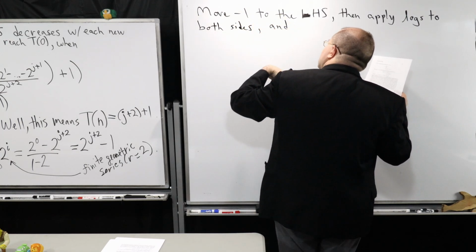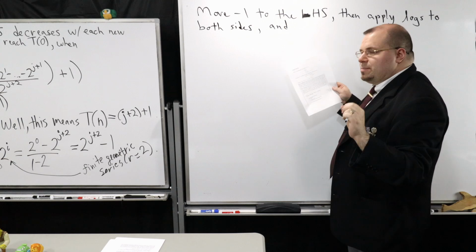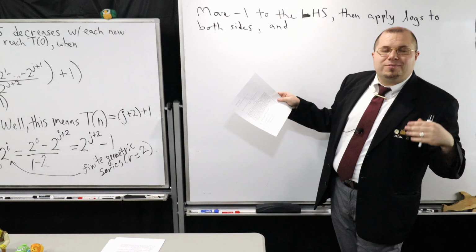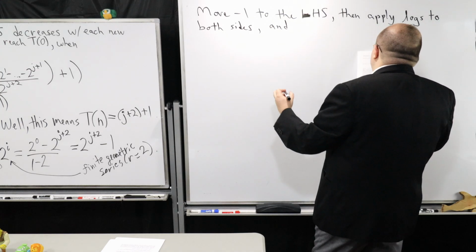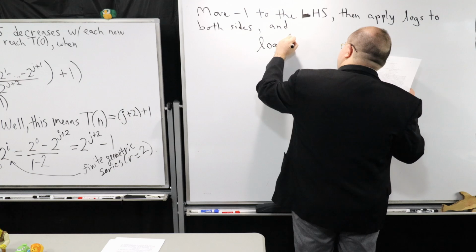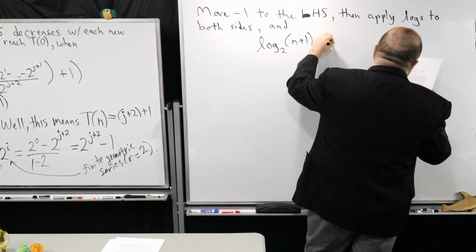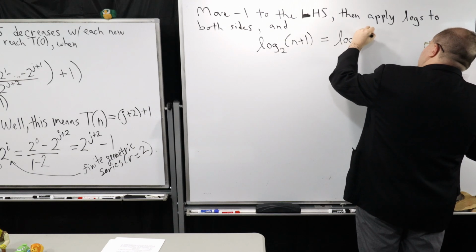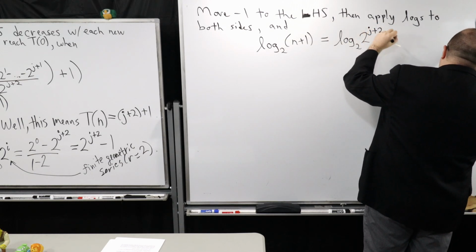Remember, the equation in mind is n plus 1 is equal to 2 to the power of j plus 2. When I do this, I have log base 2 of n plus 1 is equal to log base 2 of 2 to the power of j plus 2.